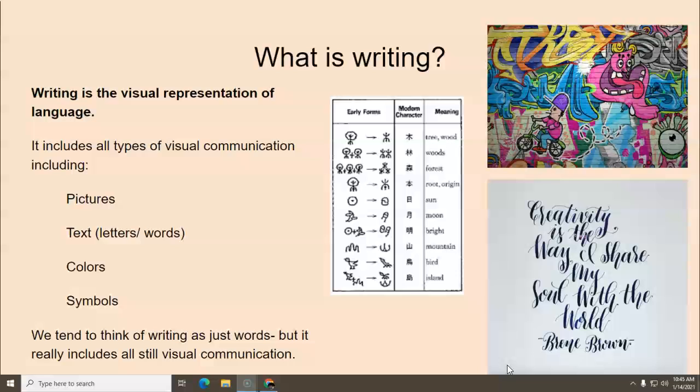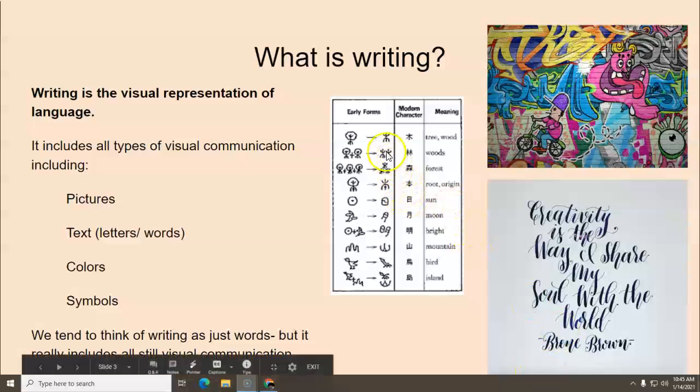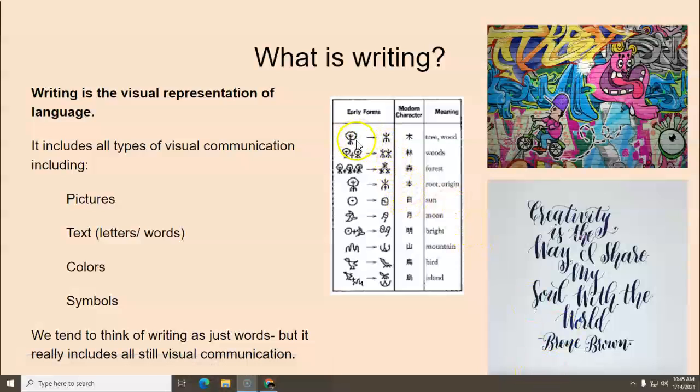So if you look at the side here, you have several examples of writing. There are early forms where you can see a symbol that meant one thing, in this case tree and wood. So there's one of them, and it looks kind of like a broccoli tree. You have roots, trunk, branches, and then that evolved into this, which evolved into the modern character. If I have 2 trees, that becomes woods.